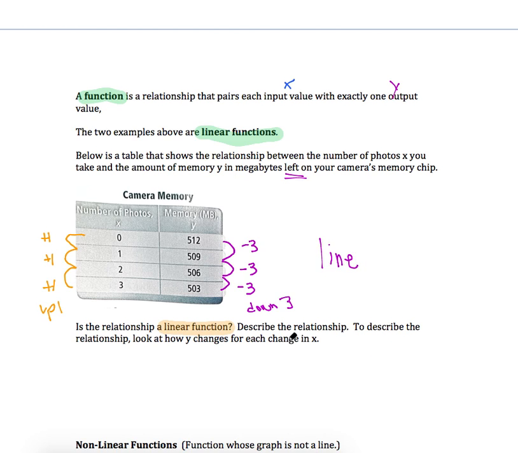So the description of the relationship is that it's linear. And if we look at how the y changes, the y is going down 3, and the x is going up 1.